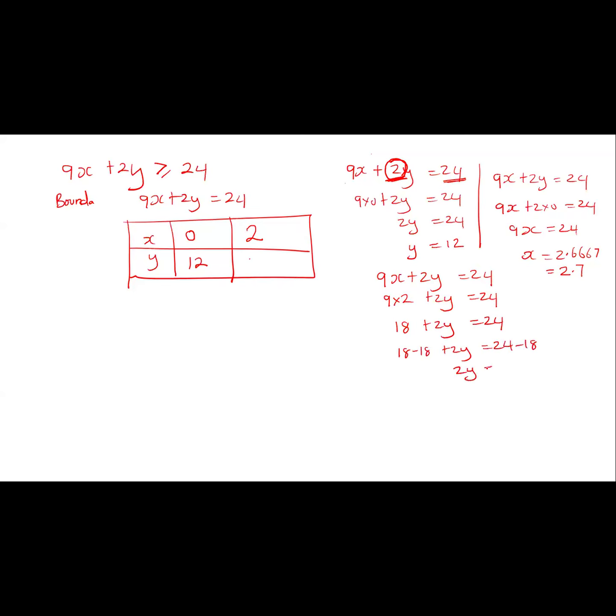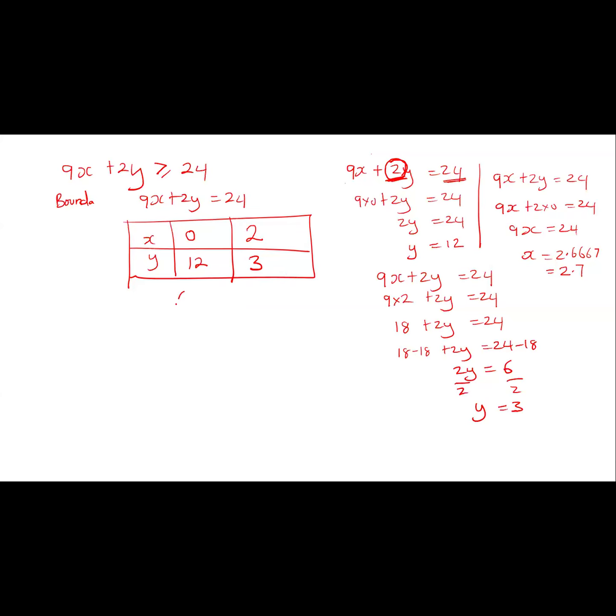So 2y will equal 6, 24 minus 18, which is 6. So I divide by 2, I divide by 2. So my y will equal 3. So I'll come here and I put 3. So by doing so, you have avoided the approximate points and you have been able to get the exact value.